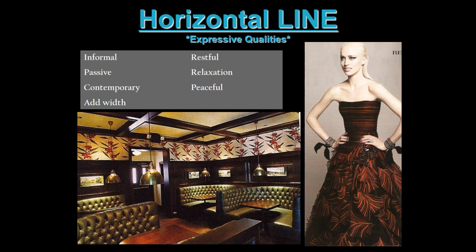So other things that horizontal lines can do, they tend to be a little more contemporary, maybe within an interior design. They can add width as well. So if you think about on the body, where might we not want to add width? Okay, if it's a female silhouette, potentially not at the waist, potentially not at the shoulders, potentially not at the hips.